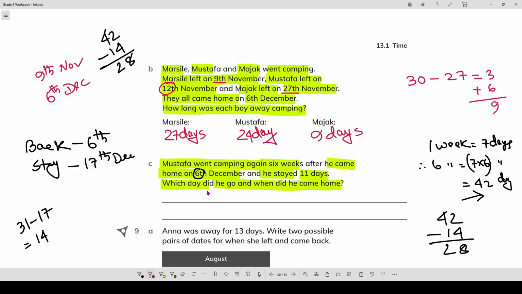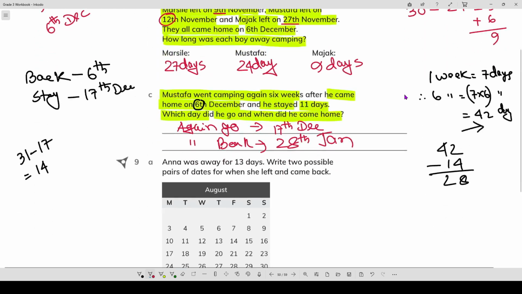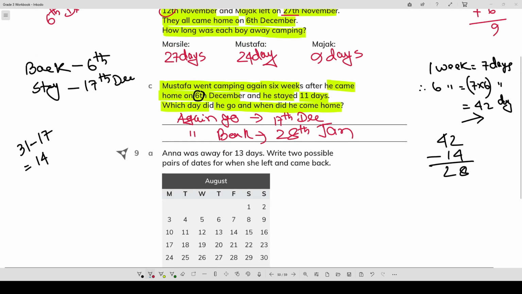So when did he go again? 17th December, and he came back 42 days later, on 28 January. Okay, so number 8, A, B, C done.